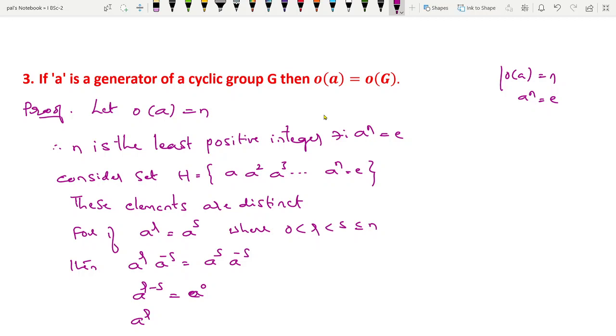That means A to the R minus S is equal to A to the 0, which is the identity element.